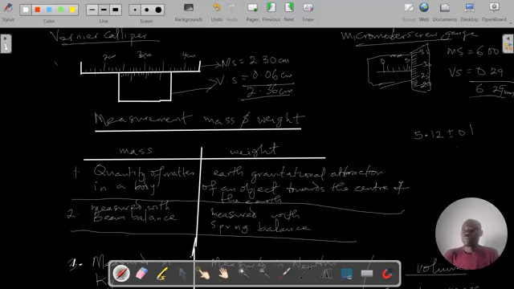For example, you have error due to parallax. That happens when you are not viewing your instrument or meter rule within a straight path of the eye, maybe viewing it in a slanting way, so you will not get an accurate reading.